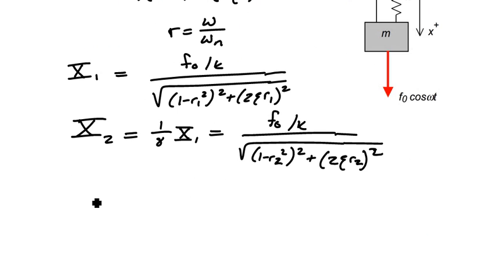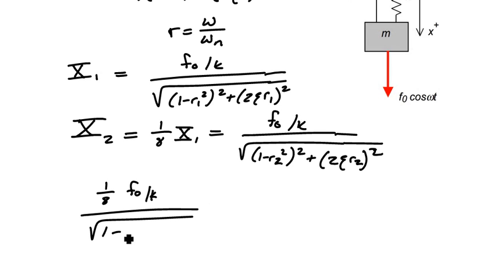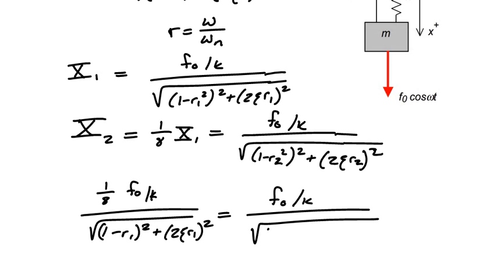And so what this essentially gives me is that 1/8 times x1, which is F0 over K divided by the square root of 1 minus R1 squared, squared, plus 2 zeta R1, quantity squared, is going to equal F0 over K divided by the square root of 1 minus R2 squared, squared, plus quantity 2 zeta R2, all squared.